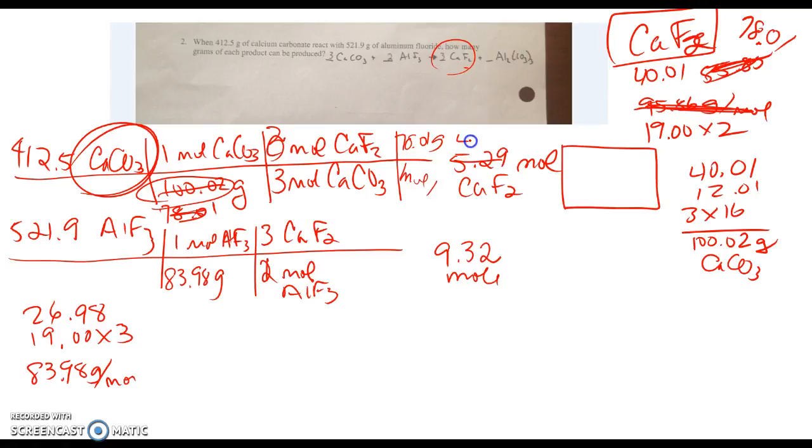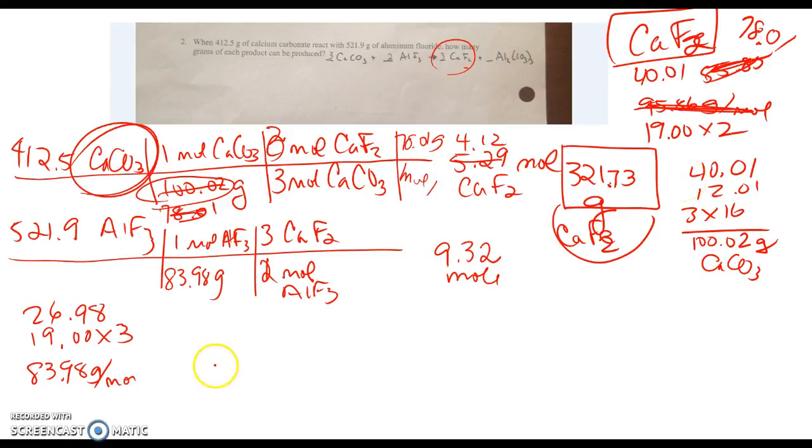Yeah, this is 4.12 moles, but now I'm going to multiply it times 78.01 grams. So we will get, and I'm not sure about sig figs here, guys, 321.73 grams of CaF2.